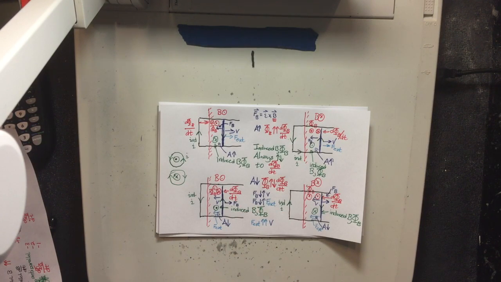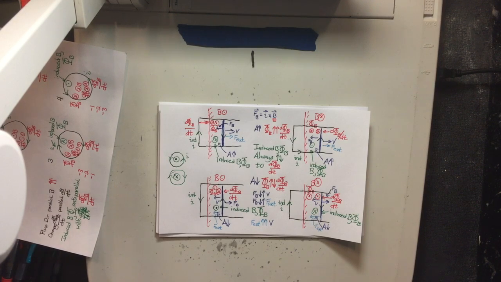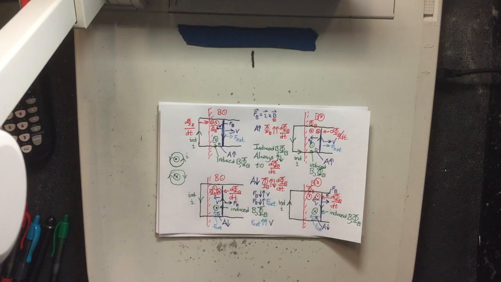Question. What's the difference between magnetic force and force of the bar and the external force? The external force, technically it doesn't have to be there, but what happens then is the bar slows down and comes to a stop.